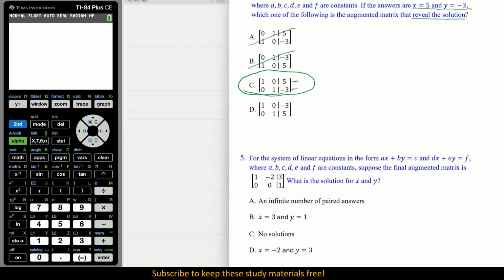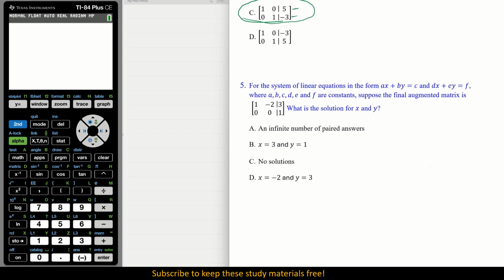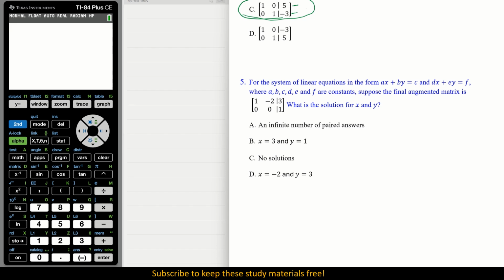Okay, now let's look at number 5. For the system of linear equations in the form ax plus by equals c and dx plus ey equals f, where a, b, c, d, e, and f are constants. Same situation. Suppose the final augmented matrix is, okay, now they have the augmented matrix in this particular form.